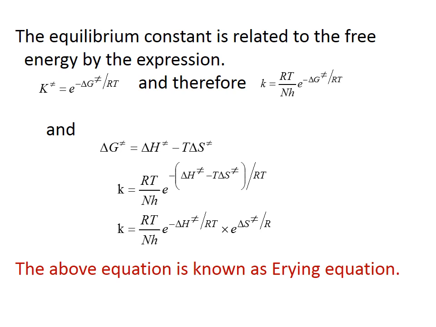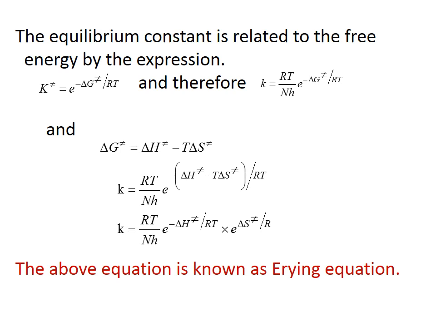You know very well that delta G double dagger equals delta H double dagger minus T into delta S double dagger. Substituting the value of delta G double dagger in the above equation, the rate constant k equals RT by Nh into e power of minus (delta H double dagger minus T delta S double dagger) divided by RT.